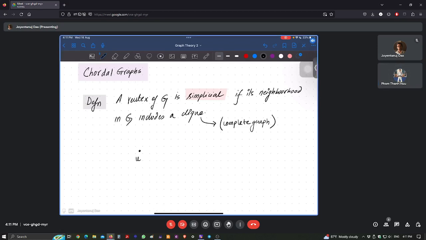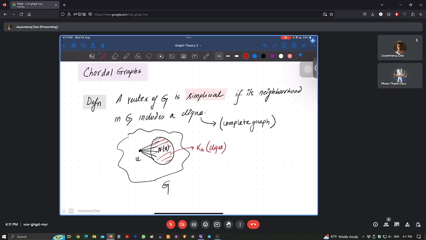So for example, suppose this is u, and this is the neighborhood of u. So u is only adjacent to the inside vertices, and suppose this is your bigger graph, your original graph. But if I consider this part only, suppose this is a complete graph K_n, that is, it is a clique.